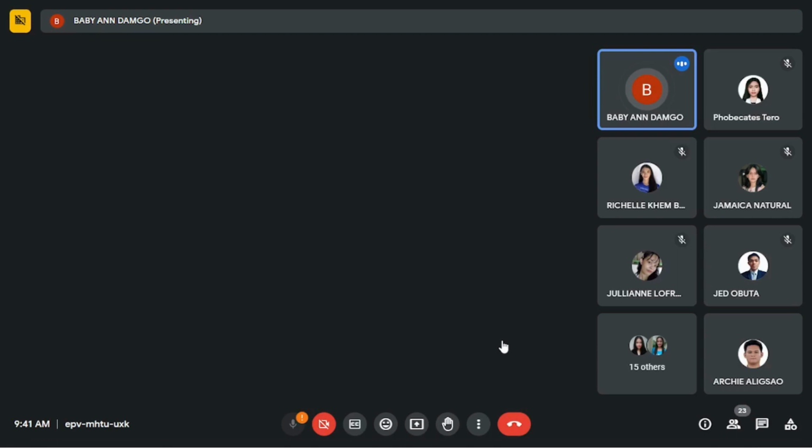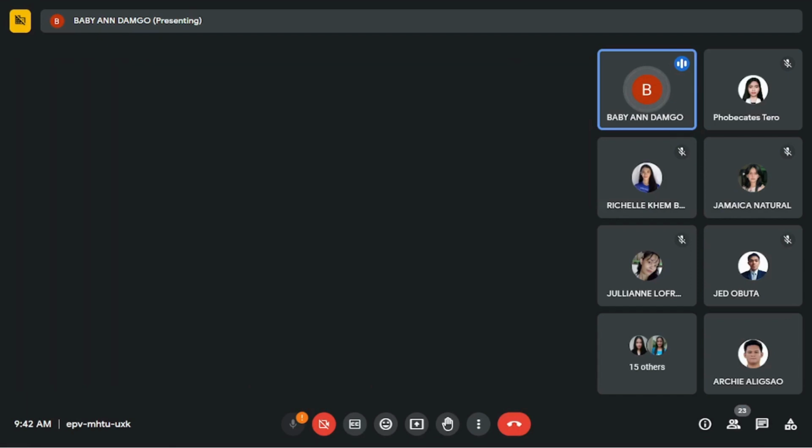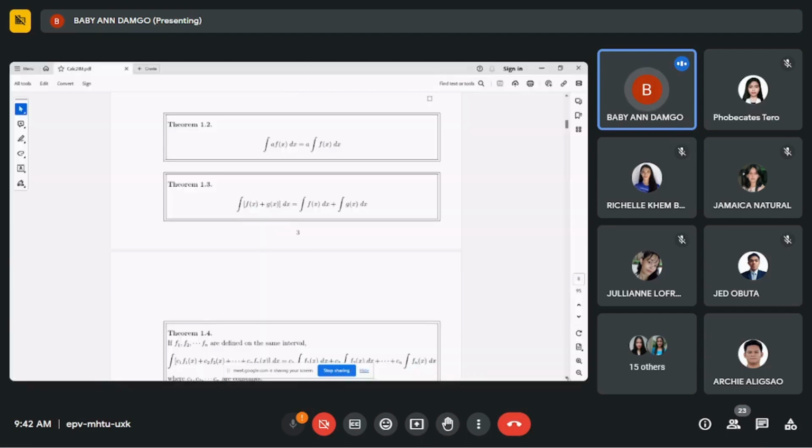Okay? So another property: if you have the integral of a times f of x dx, where your a here is a constant, it can be taken out of the integral. Okay? So another property: the integral of the sum is equal to the sum of the integrals.